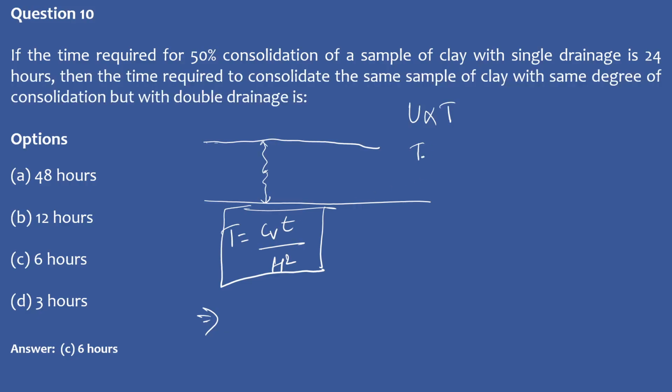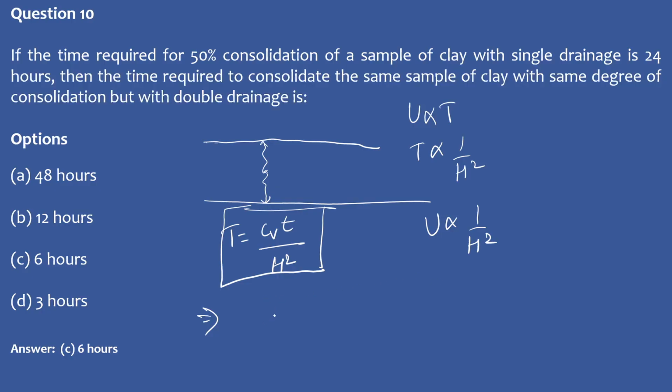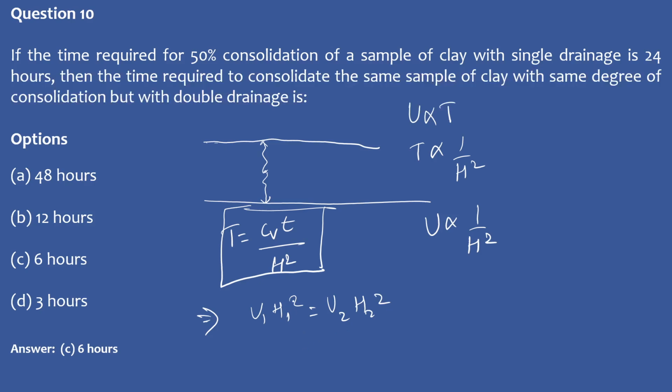Since t is inversely proportional to 1 upon H square, we can see that U is also inversely proportional to 1 upon H square.